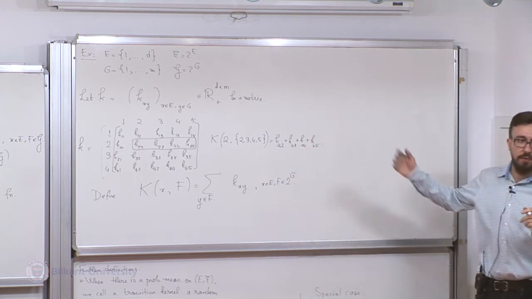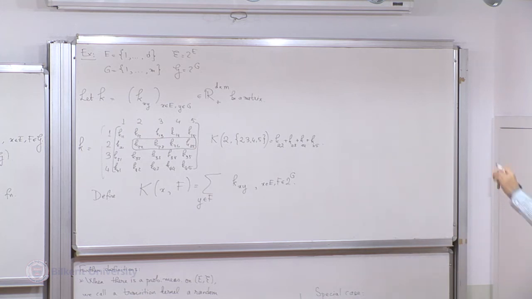This is the probability of landing in the set, given that we start from position 2 in the first space.